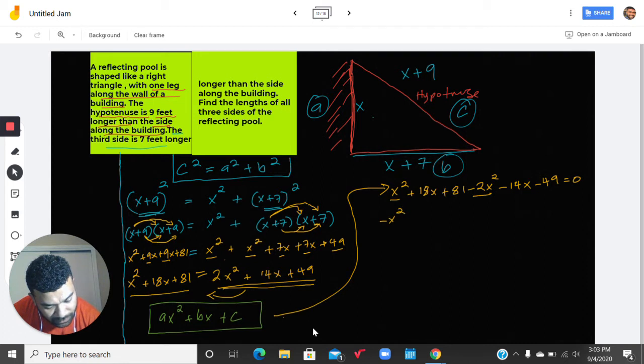And then I combine 18x and a negative 14x. So 18 minus 14 gives me a positive 4x. And then I combine positive 81 and negative 49. So 81 minus 49 is going to give me a positive 32 equals 0. Don't forget that 0.